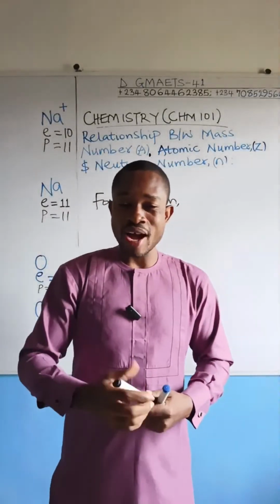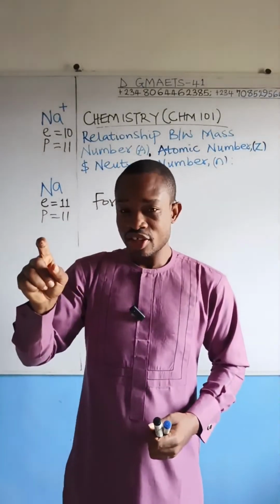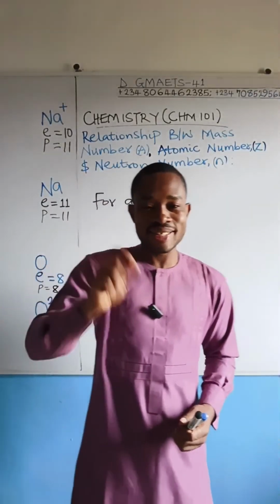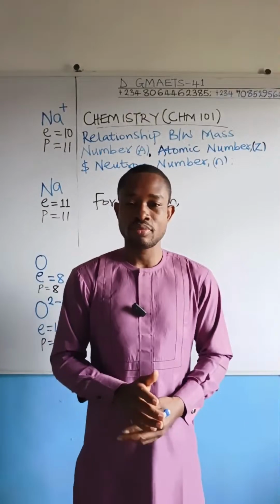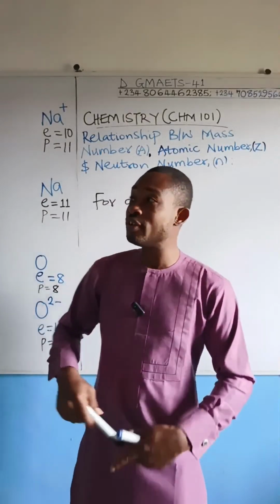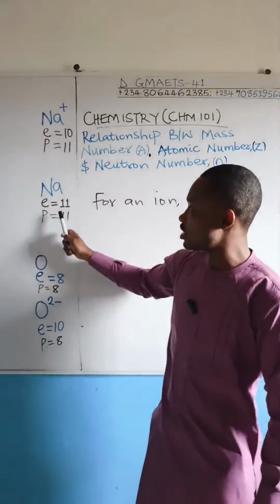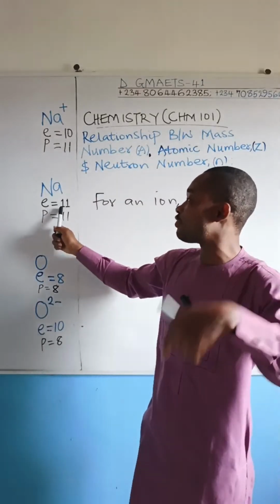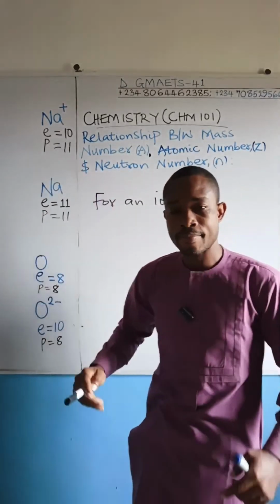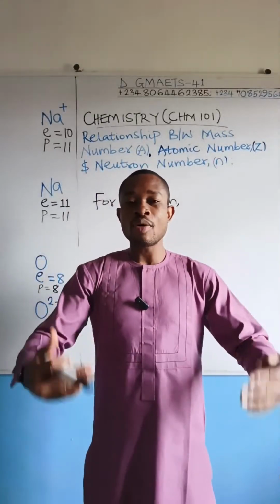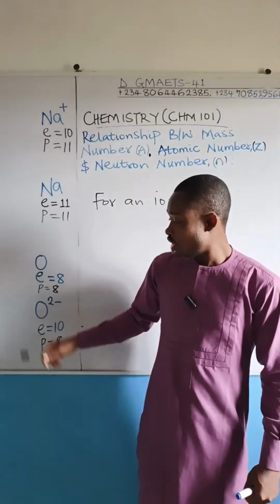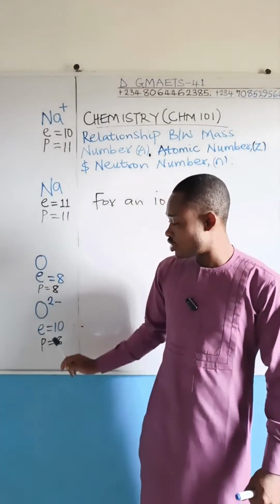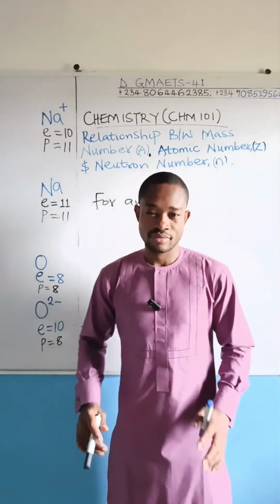Because if I give you an ion, the electron number is no longer the same as the number of electrons in the atom. Either the electron number of the ion decreases, you can see that of sodium decreased from 11 to 10, or the number of electrons increases, you can see that of oxygen, it increased from 8 to 10.